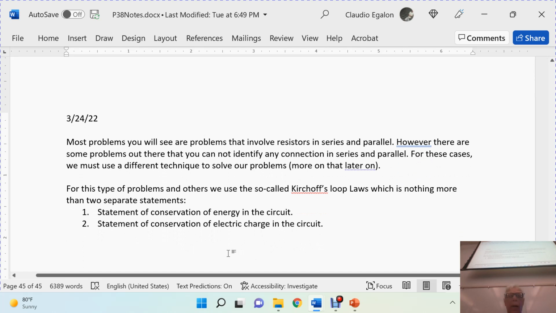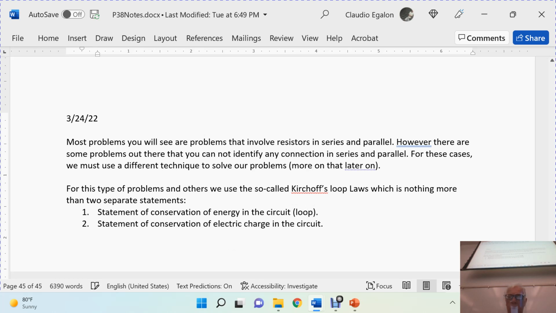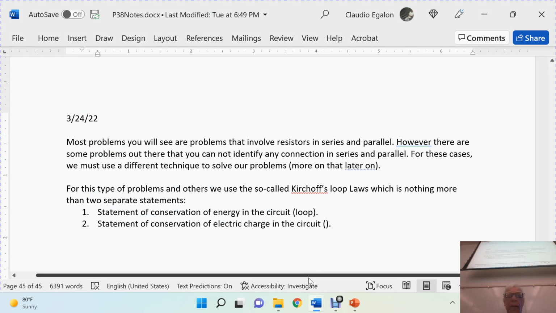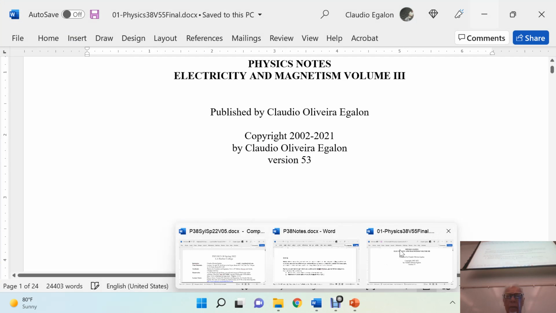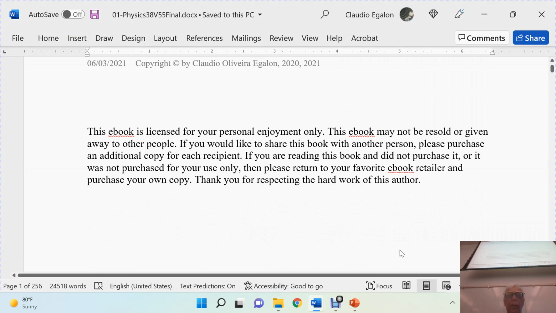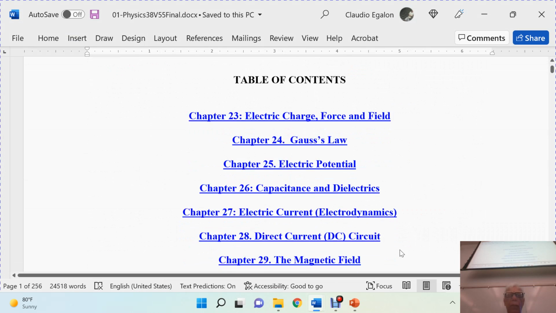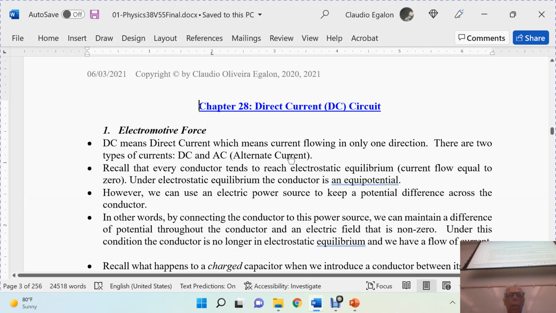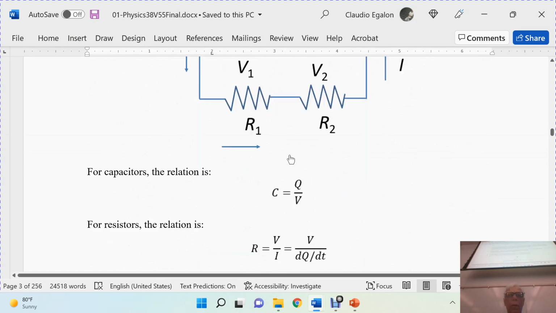Okay. Here you go. In this one here is the loop. We call it a loop. And this other one, we call a node. We have loops and we have intersections, or nodes, in a circuit.